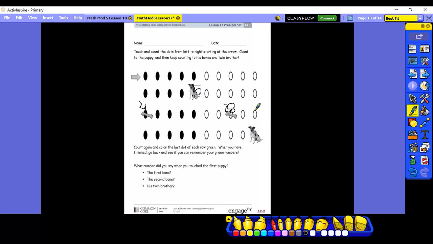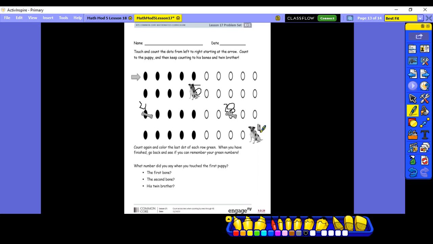We say our next group of 10. 30, 29, 30, 31, 32, 33, 34, 35, 36, 37, 38, 39, 40.